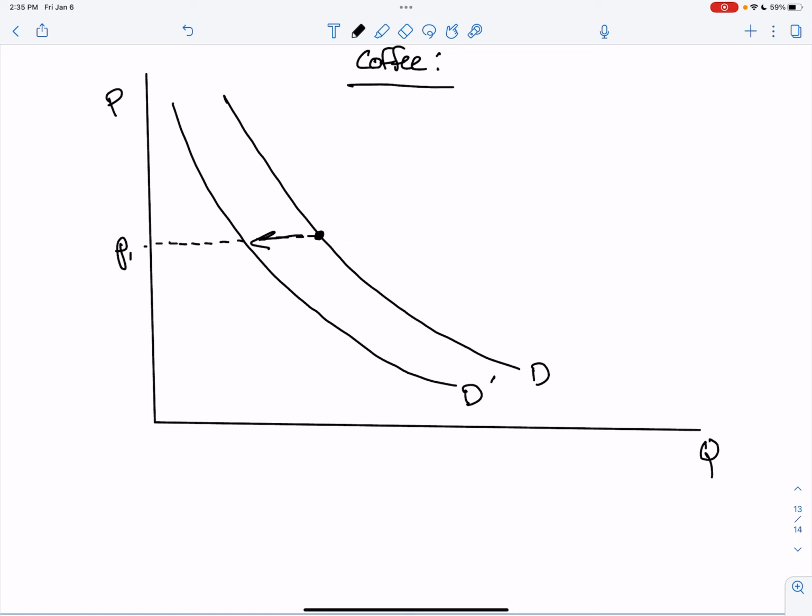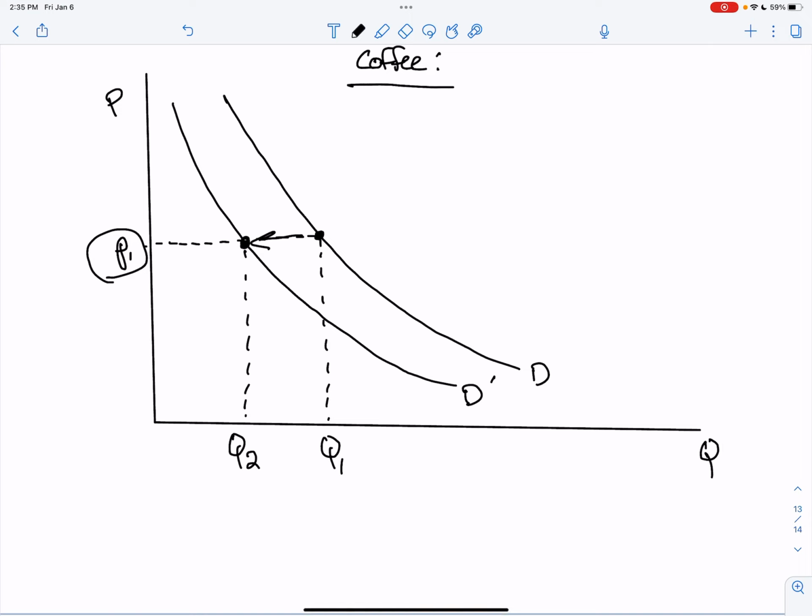And so, of course, if we held prices equal, ceteris paribus, consumers wanting less coffee changes the quantity demanded from Q1 down to Q2, because the price for now hasn't changed. We're holding price constant.